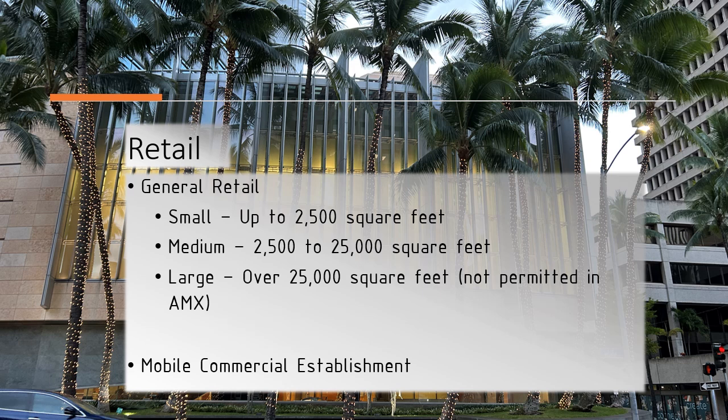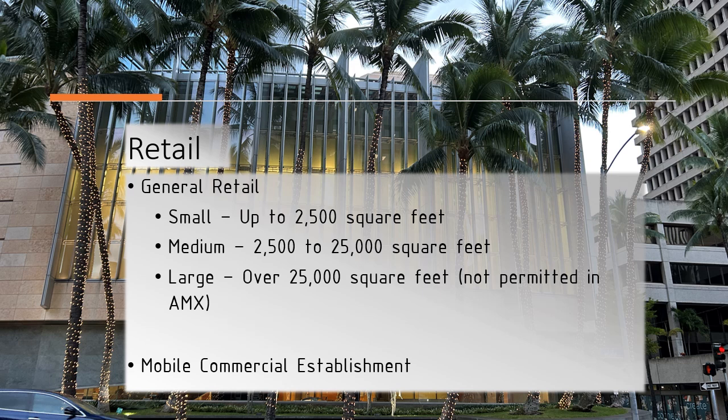Probably the first use anyone thinks of in the commercial category is retail. The retail definition includes a long list of examples, like appliance and automotive stores, banks, bike shops, bookstores, clothing stores, print shops, department stores, pharmacies, groceries, hardware stores, pet shops, shoe stores, sporting goods stores, and toy stores.